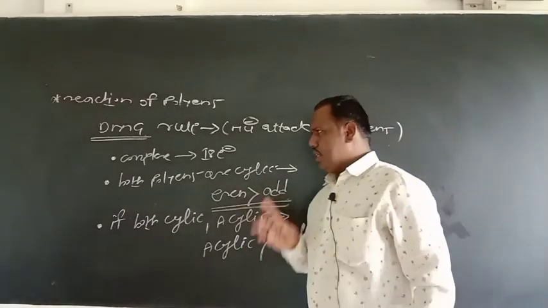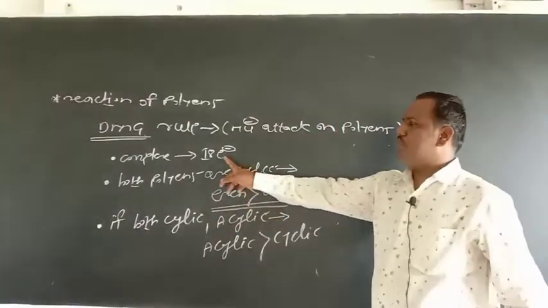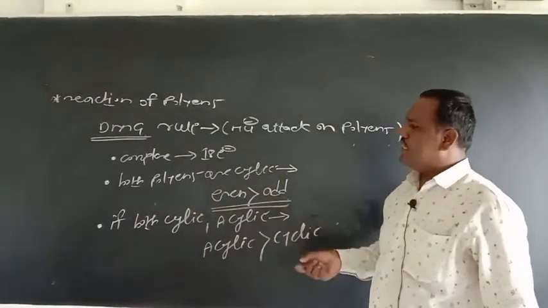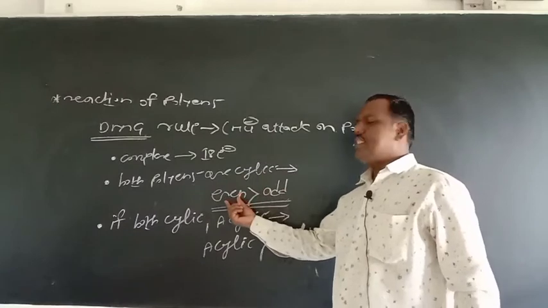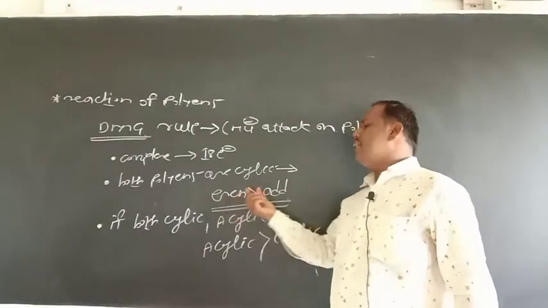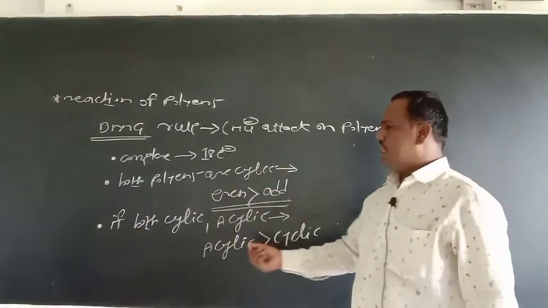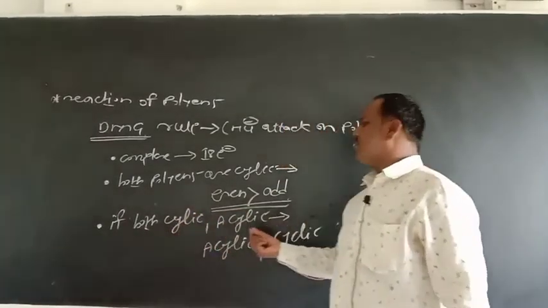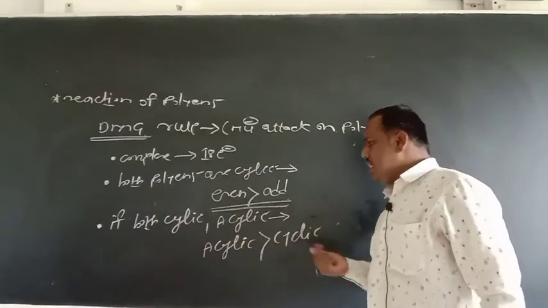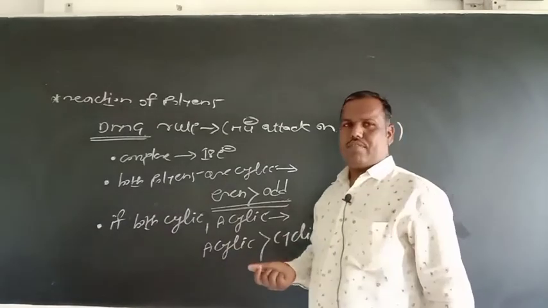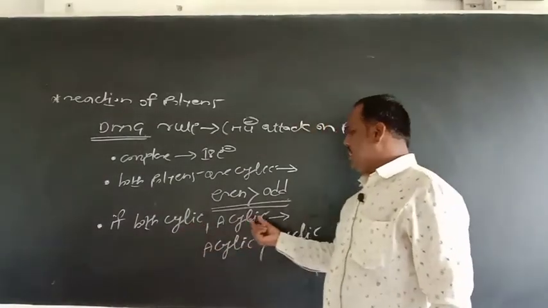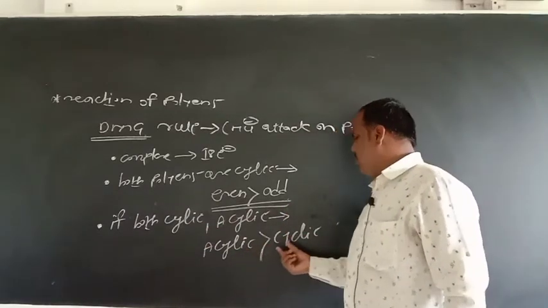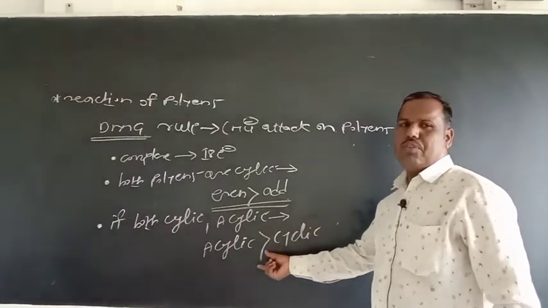So you should remember this condition, the complex must be 18 electron, both polyenes are cyclic, then even polyenes are preferred for nucleophilic attack as compared to odd polyenes. The third condition or rule is that if both cyclic as well as acyclic polyenes are present, then acyclic polyenes will be preferred for nucleophilic attack.